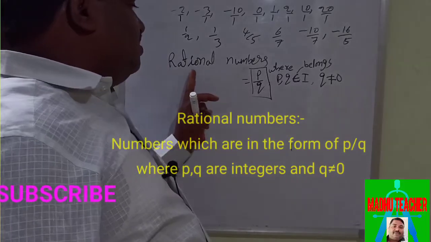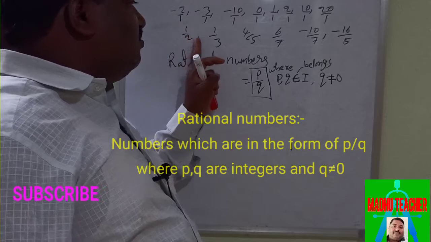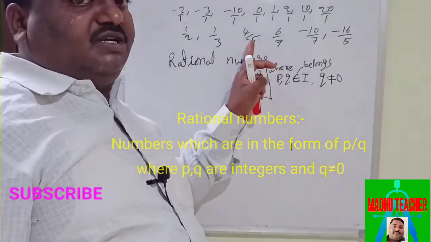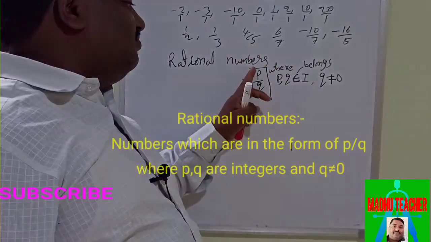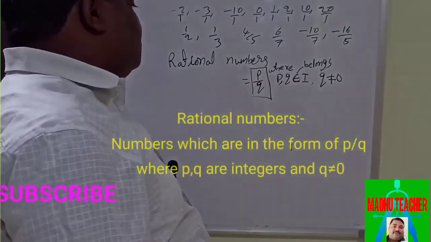Okay, so rational numbers are integers and also fractions. Its general form is p by q form. Okay, these are the rational numbers.